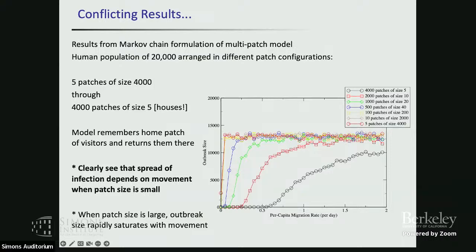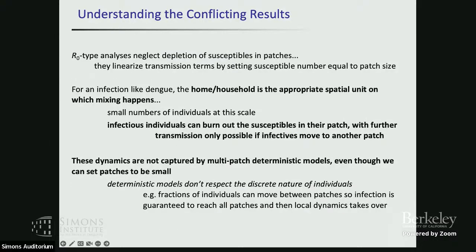Remember the R0 sort of analysis would tell us that the movement parameter doesn't actually matter. But here we see the movement parameter does matter. So what's going on? The R0 type analyses are always about initial behavior.